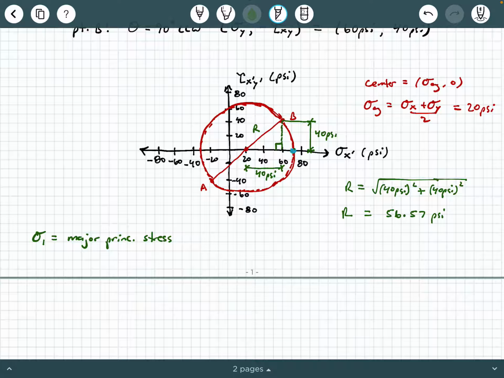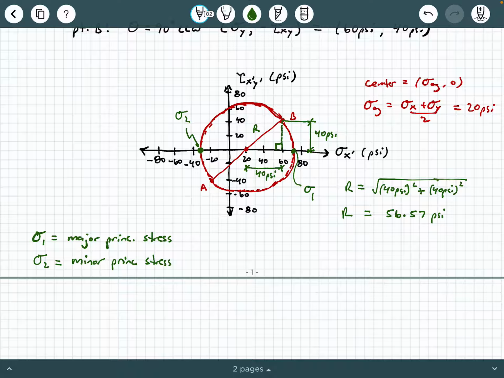The circle itself intersects this horizontal sigma axis in two spots. Once here, and that's going to be the major principal stress, and then once over here, which is going to be the minor principal stress. So this point here is going to be sigma 1, and this point here is going to be sigma 2. So sigma 2 is what we call the minor principal stress.